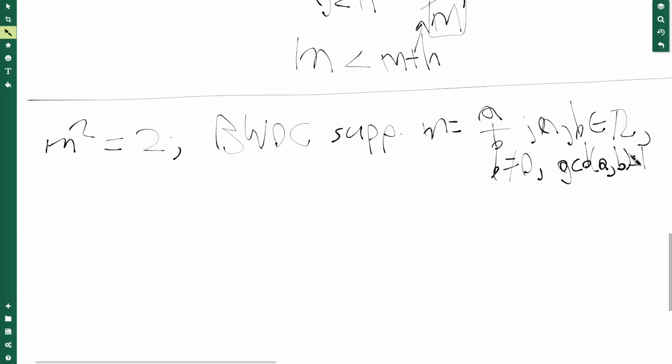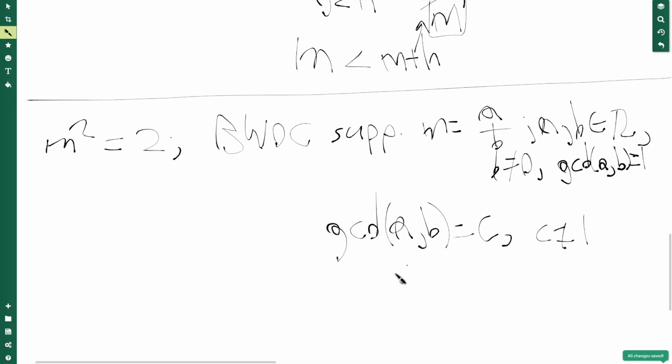And I guess to motivate why we can say this: let's say the GCD of a and b is some c, a natural number, where c is not 1.